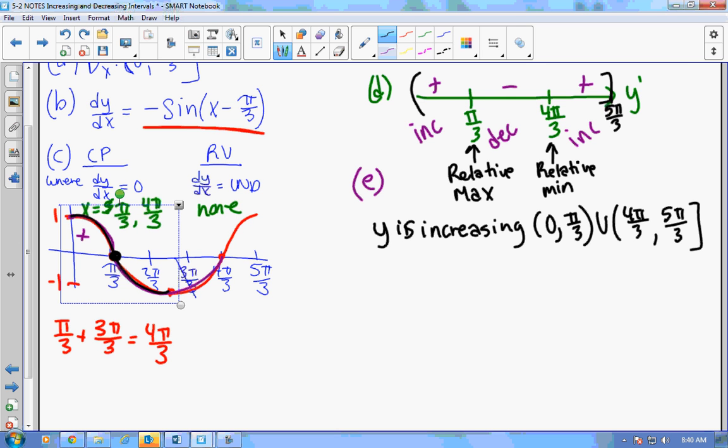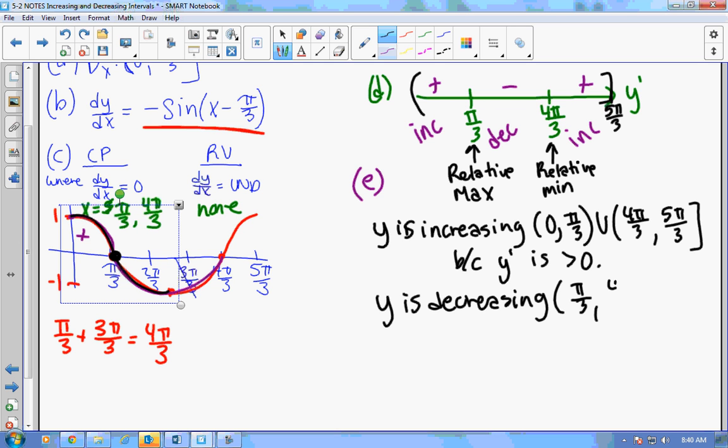A bracket. And we know this because y prime is greater than 0. Y is decreasing from pi thirds to 4 pi thirds because y prime is less than 0.